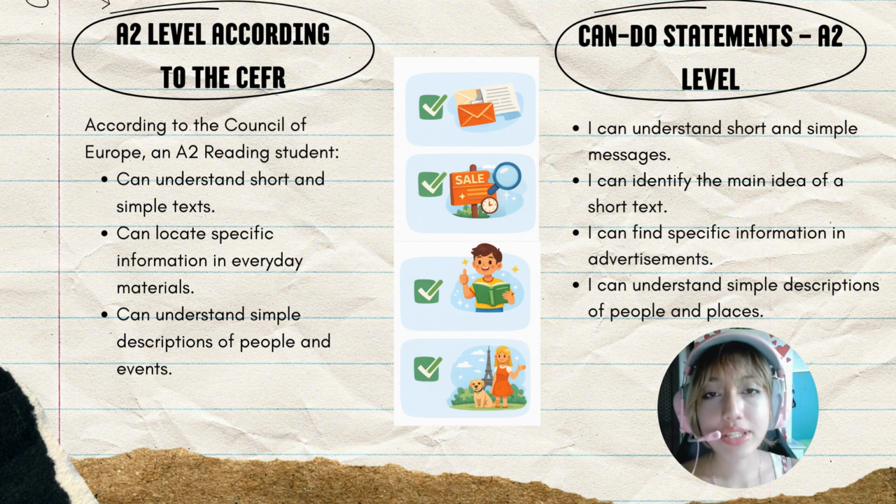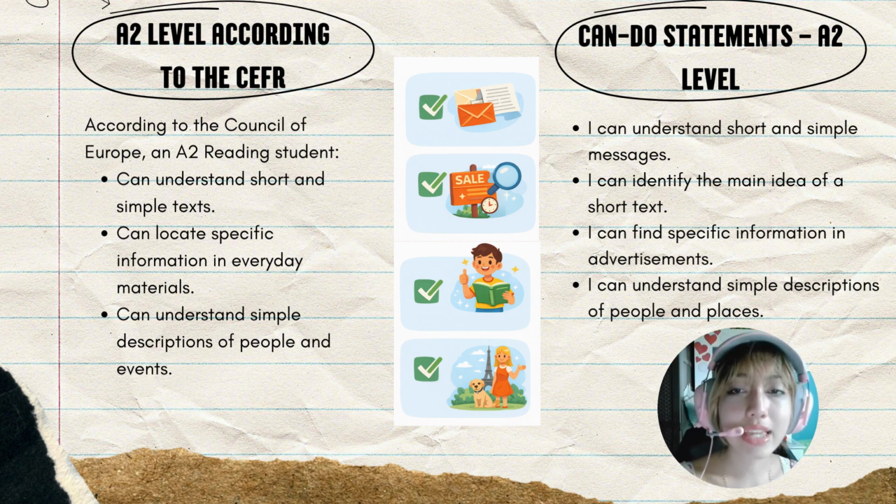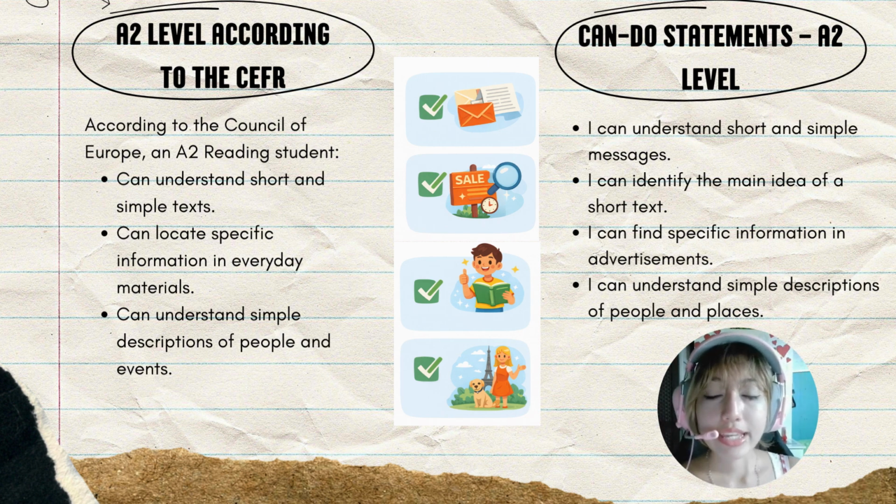A2 level according to the CEFR, according to the Council of Europe. An A2 reading student can understand short and simple texts, can locate specific information in everyday materials, and can understand simple descriptions of people and events.